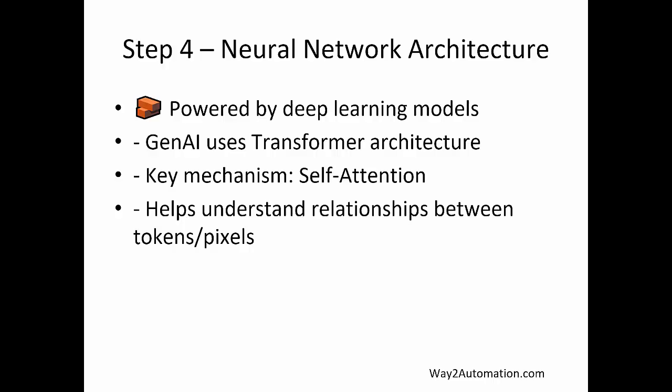Transformers use something called self-attention, which helps the model figure out which parts of the input are important and how they relate to each other, whether it's a word in a sentence or an element in an image. In simple terms, the model learns patterns, associations, and structures from massive data using advanced mathematics and neural networks. And that is how it becomes capable of generating new content.